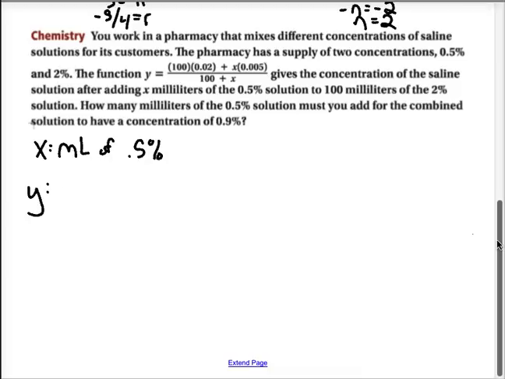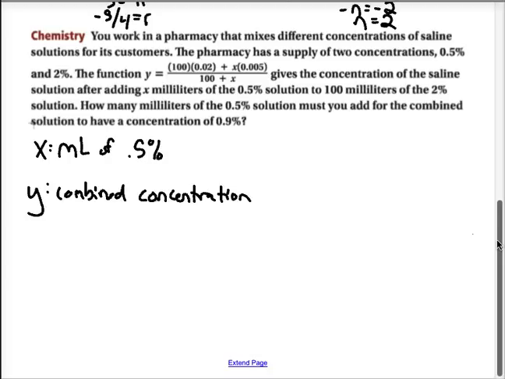Y is the combined concentration, the concentration of the mixture. So that's the first thing we have to understand about this problem. Because I know it's wordy, but if you can't pick that up out of it, then there's going to be a lot of issues later on.